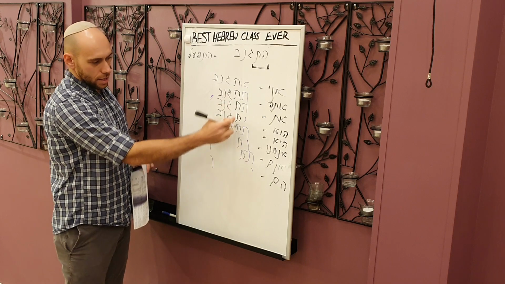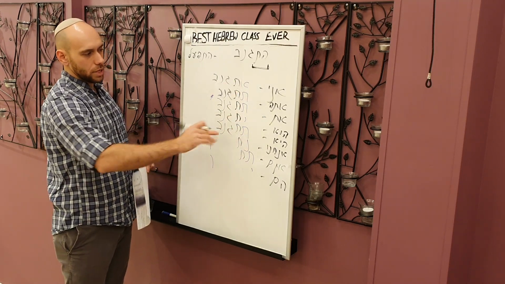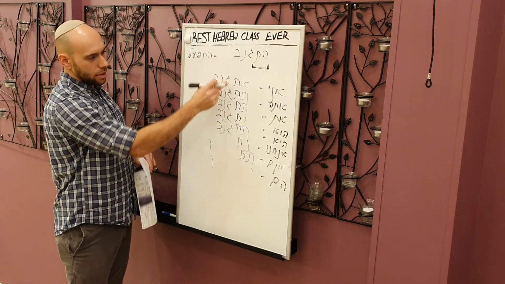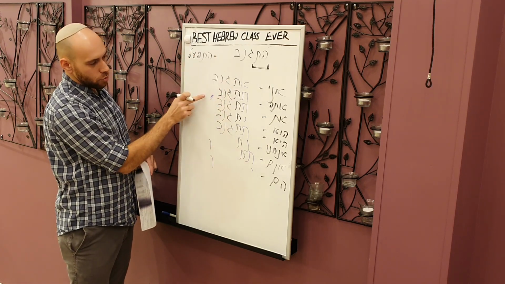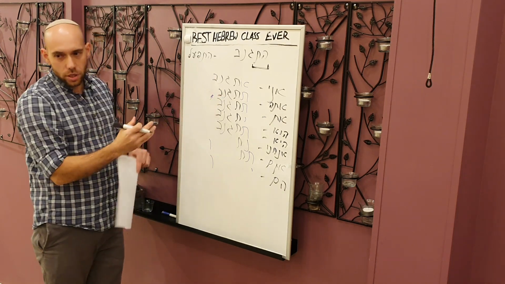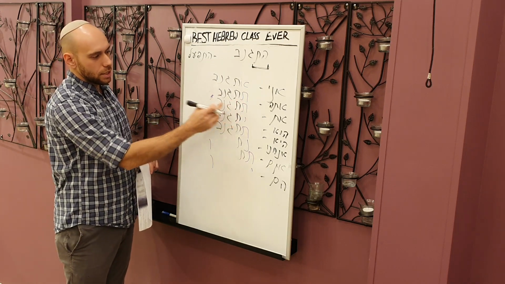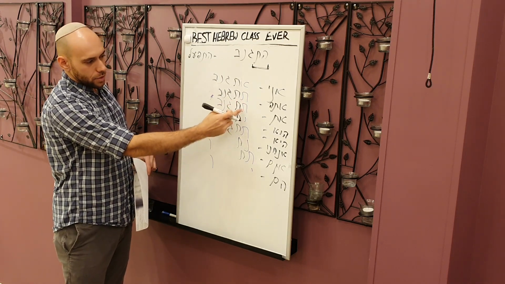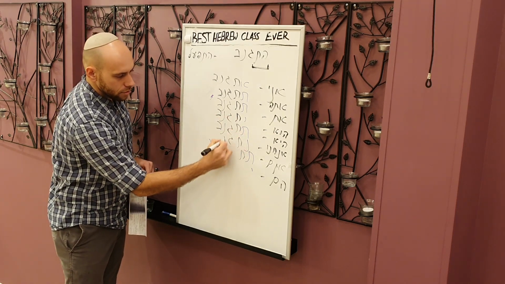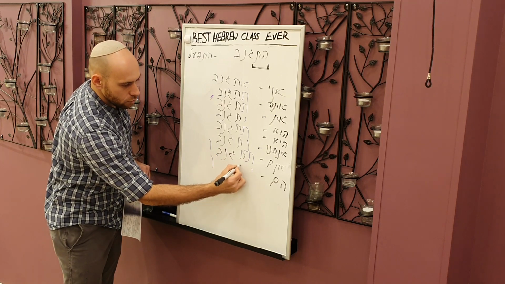You have the prefix for the future tense, then the tav, which is making it hitpa'el, and then ganev everywhere, except where you have a suffix, where the second vowel of ganev shortens into a schwa. And so it becomes tit ganvi. Then yid ganev, tit ganev, nid ganev, tit ganvu, yid ganvu.